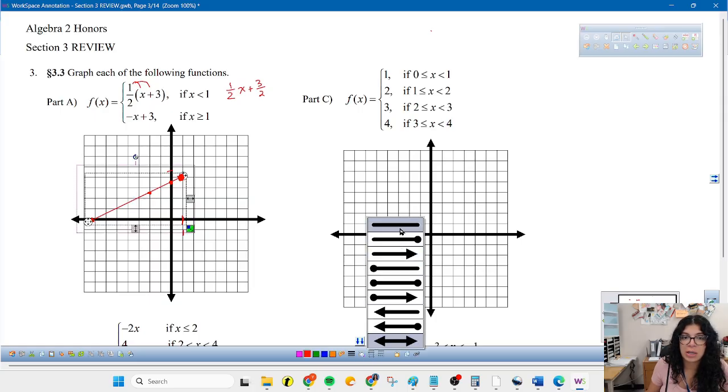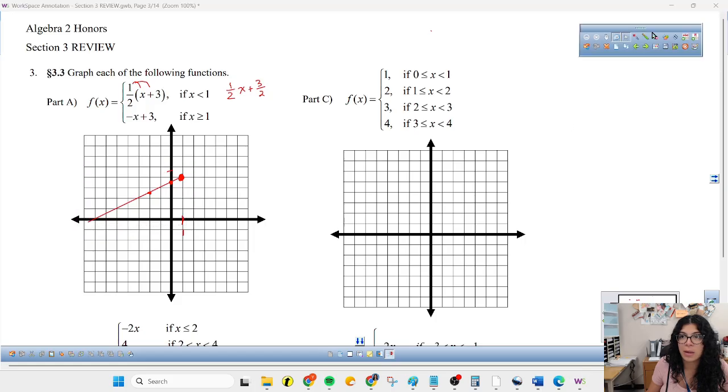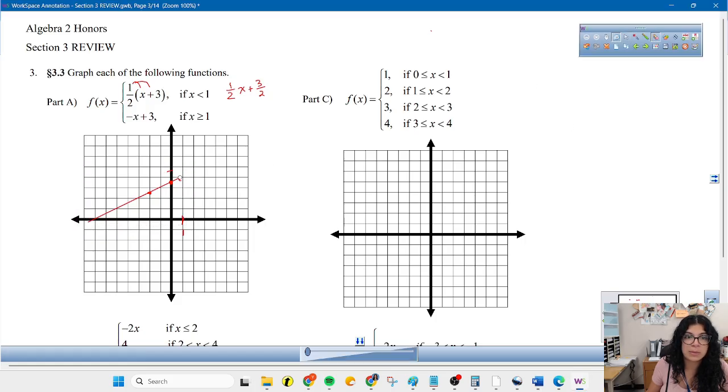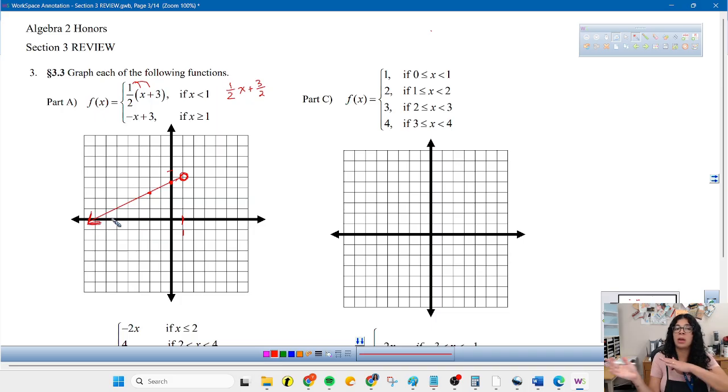So I'm going to change this to not have the arrow, and I'm going to erase my closed circle. I almost put a closed circle there because it's less than 1, so it's not including 1. So I will put an open circle at 1, and then the arrow on the left, because I am using it all the way to the left of 1, but just not including 1, or to the right of 1.